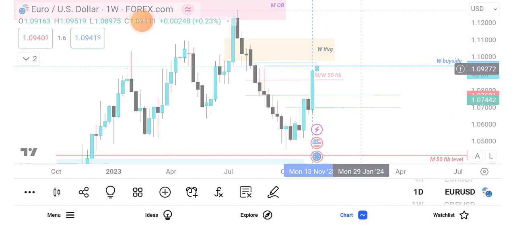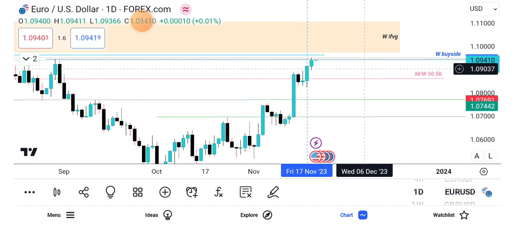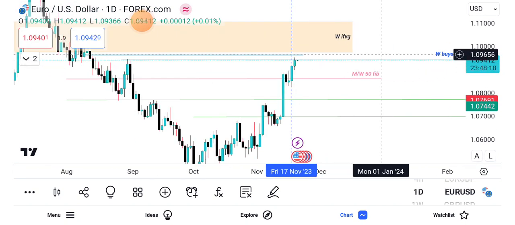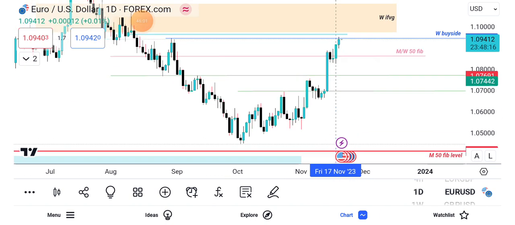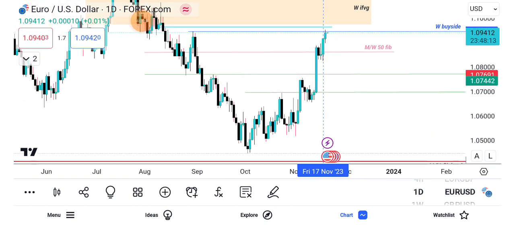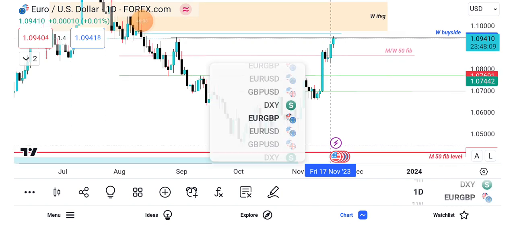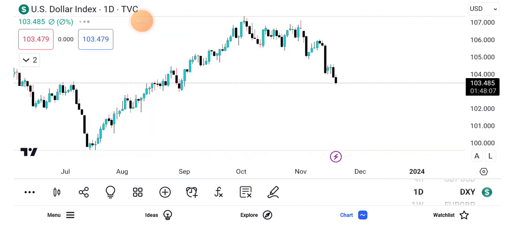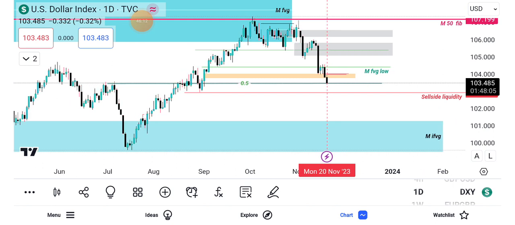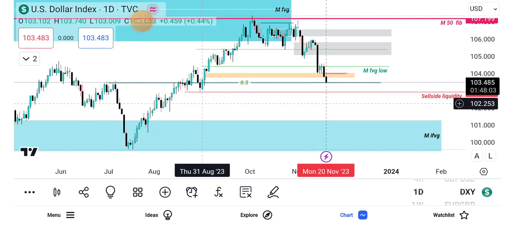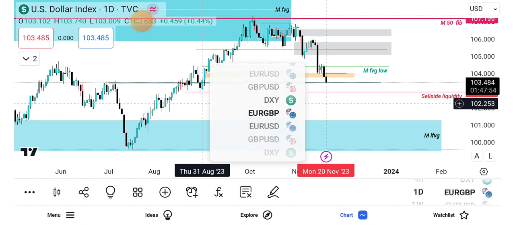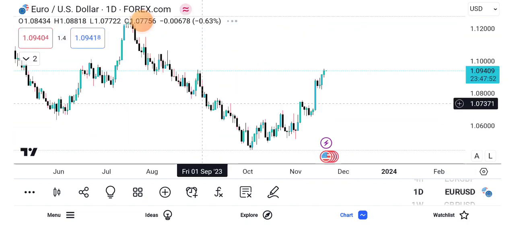Okay, so dropping to the daily, as I was saying, the opposite is true. The inversion is true to DXY. So in DXY, let's see whether the lows have been cleared. 31st Thursday for EU.